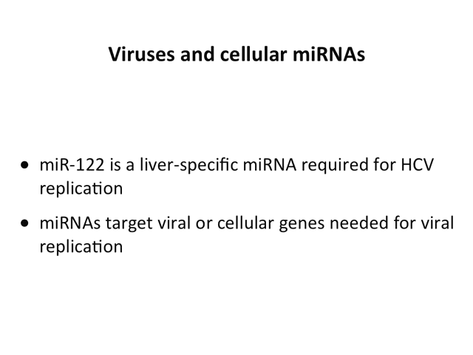So guess what? Companies are trying to design ways to target miR-122 as an anti-hep C therapy. You can do that. You can design complementary RNAs that will bind the miR and take it out of circulation. There are also microRNAs in the cell that are antiviral, and they can either target viral genes, so you can have a cellular miR that would inhibit the production of a viral protein and inhibit viral replication, or in many cases there are specific cellular genes that are needed for virus replication.